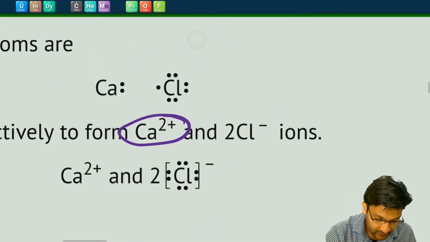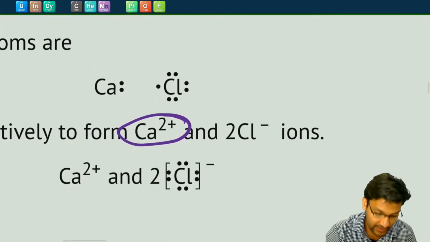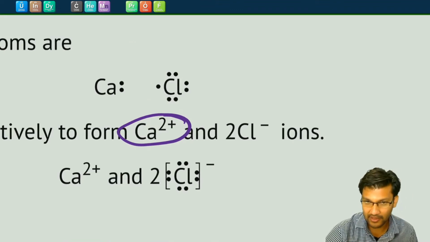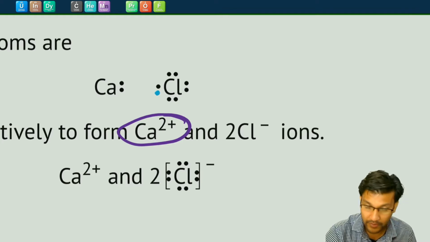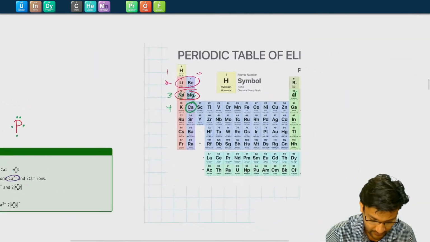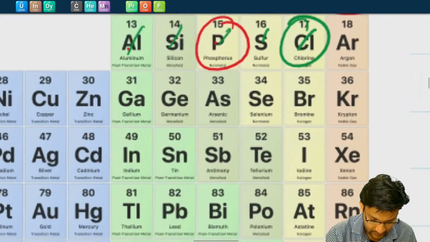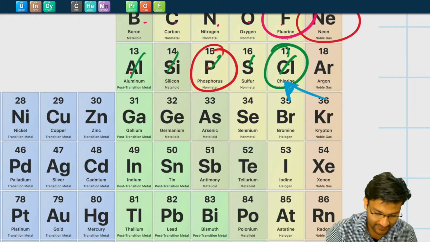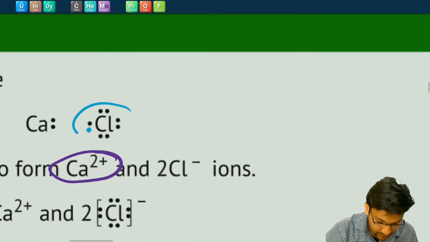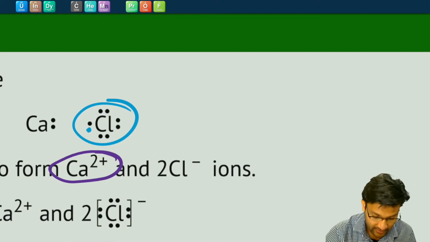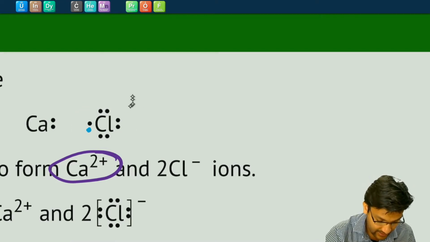Chlorine does the opposite, right? It gains 1 electron so that it could complete its valence orbitals, have a completely filled 3p subshell. I misspoke earlier. Okay, so chlorine will gain 1 electron to complete its orbitals full of electrons.